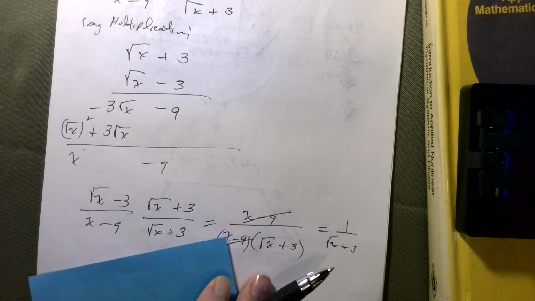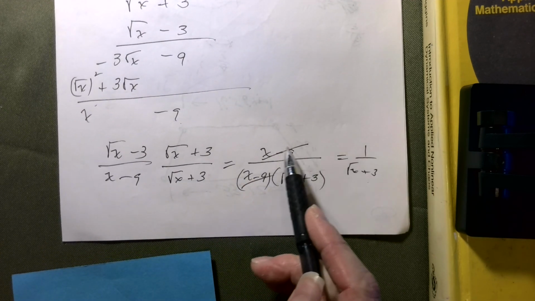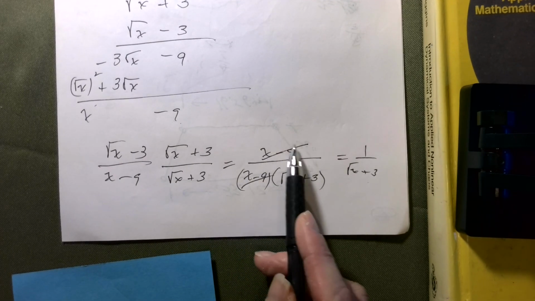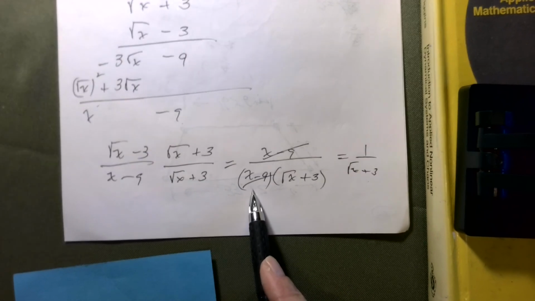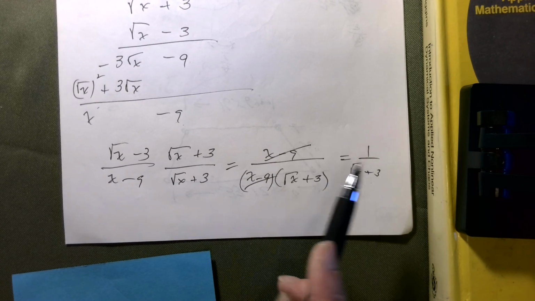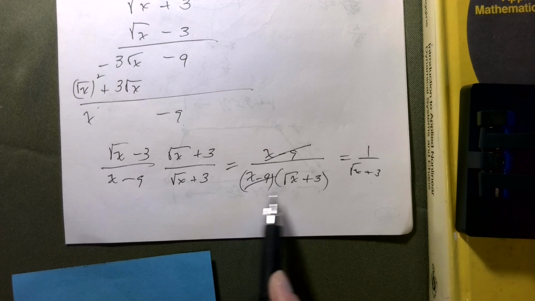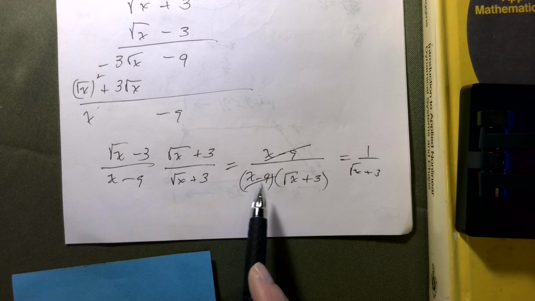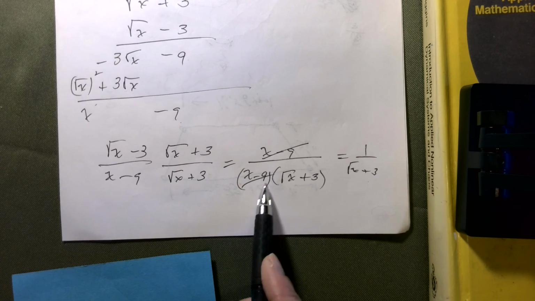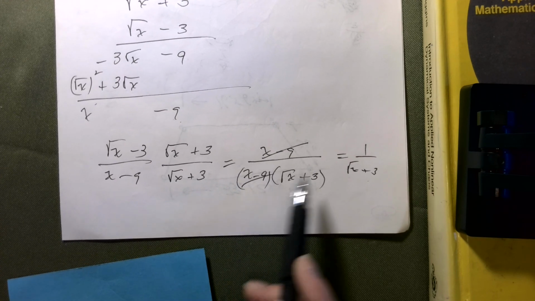And notice what happens is the x minus 9's cancel. I don't want you to think of it as the x canceling the x. It's this whole object cancels this whole object. And so now I'm left with 1 over the square root of x plus 3. Notice I'm not dividing by 0 anymore, because we're interested in that 9. So the troublemaker, the 0 over 0, has gone, and I'm just left with this.